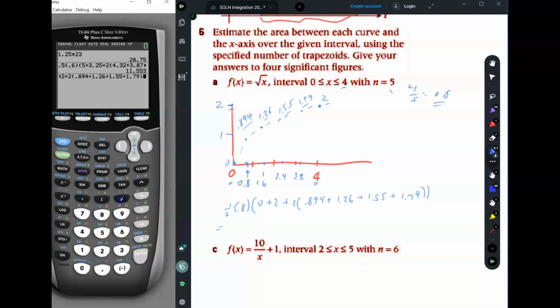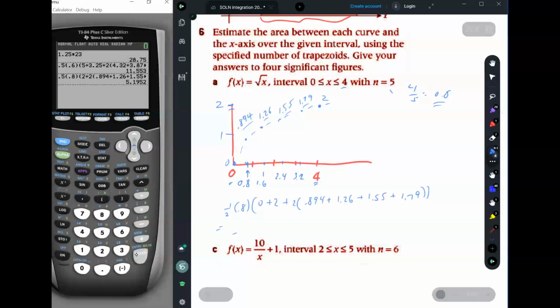Enter. 5.20. Okay, so that is the estimated area under this curve here.